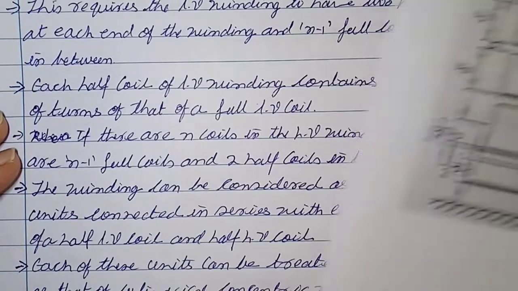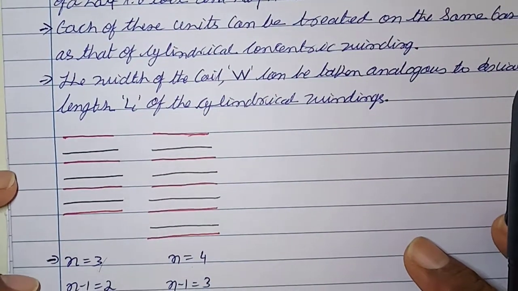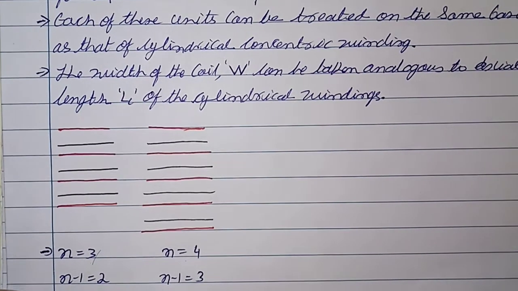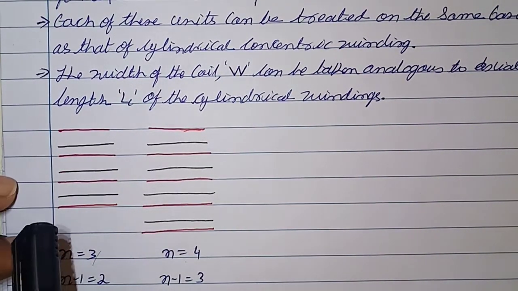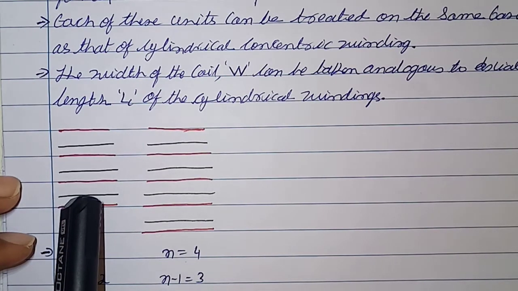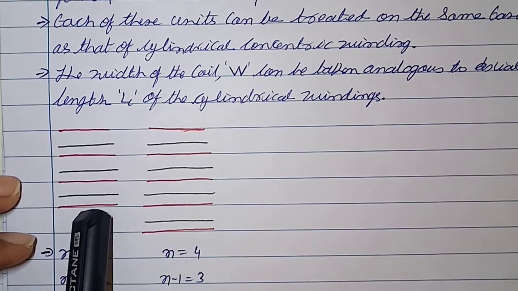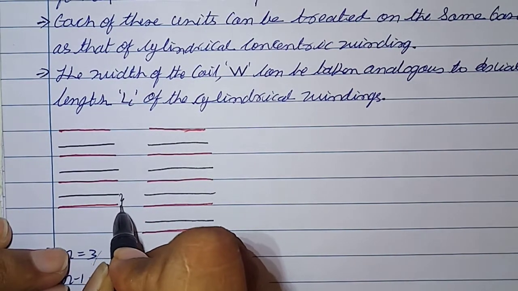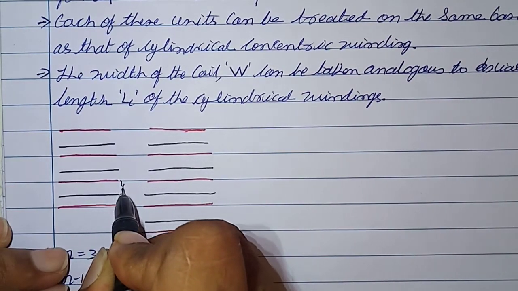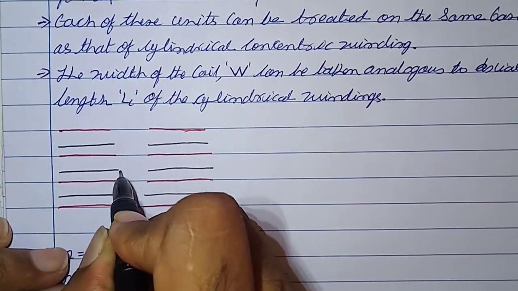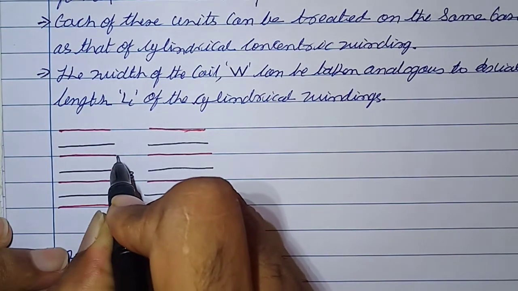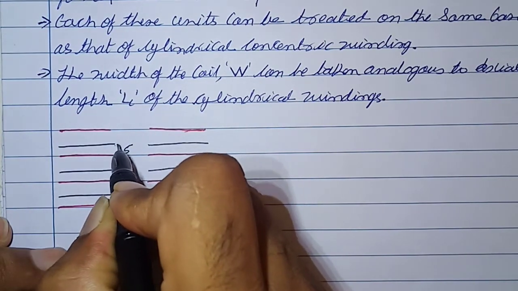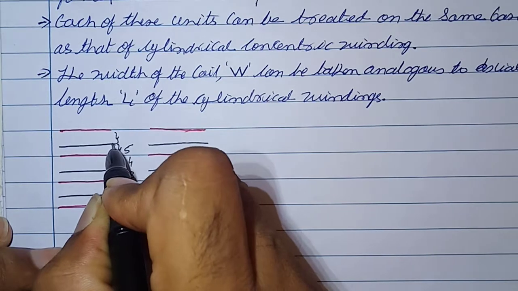Similarly, when we go for n equal to 3, I should have 6 units, consisting of half LV and half HV. If you see here, this is one full HV, the black one, this is half LV, so half of this with this becomes 1, half of this and half of this 2, then 3, then 4, half of this and this is 5, and already this is half and half of this, so 6.